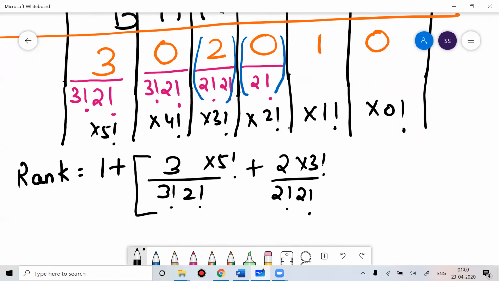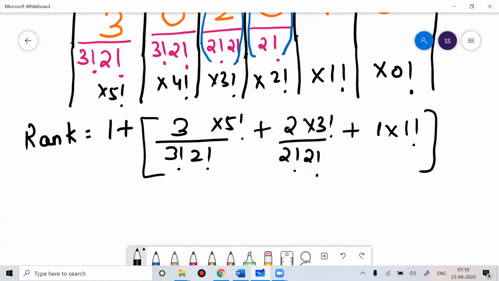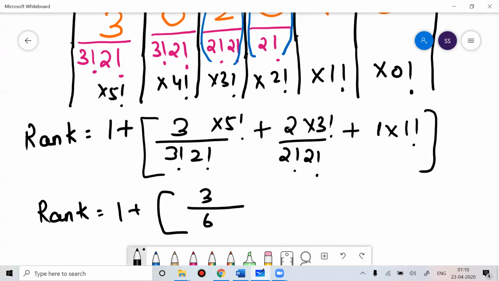Okay, then 0, no problem, then 1 into 1 factorial, and 0 into that is 0 only. So your final answer, the ranking of this word, would be 1 plus 3 divided by 6 into 2 into 120 plus 2 into 6 by 4 plus 1.